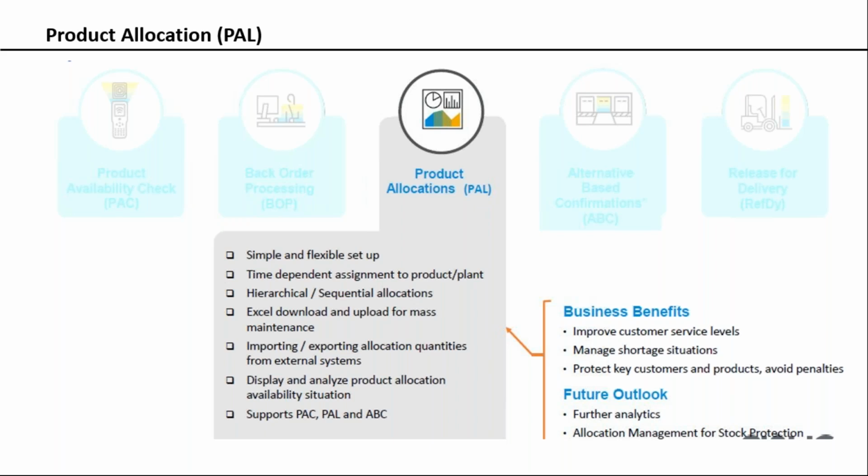Also allocation management for stock production. There is another new functionality coming up in the new releases: further analytics. SAP is also improving these apps to be more effective and efficient from the user perspective.